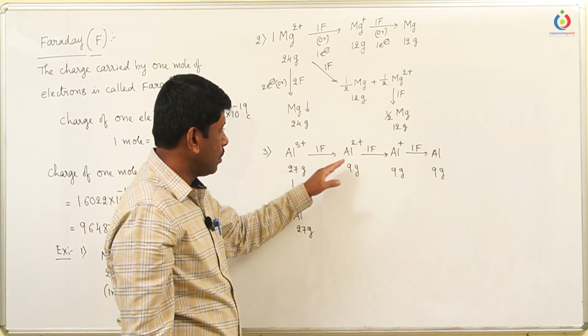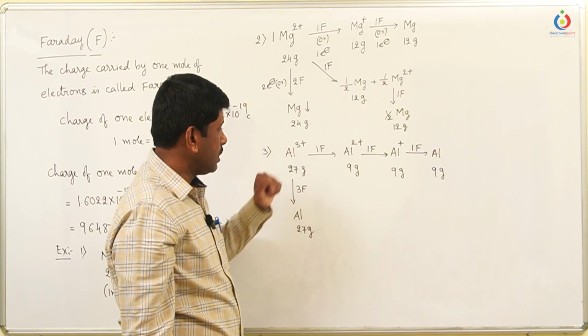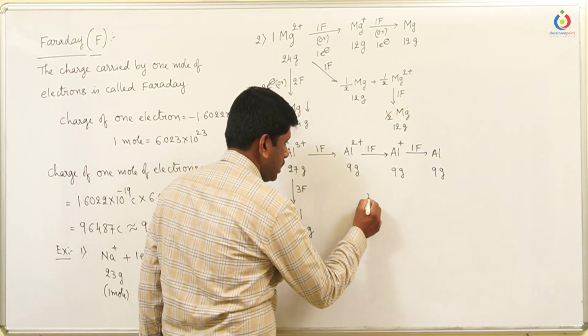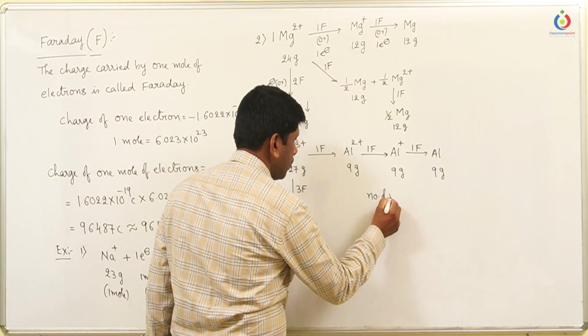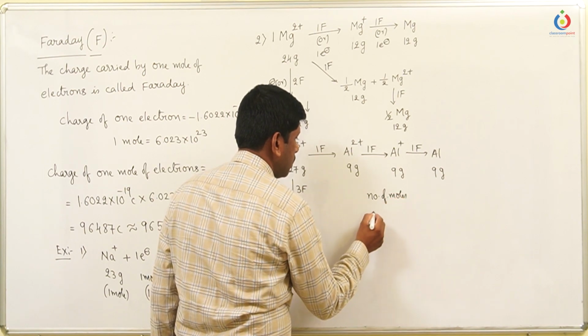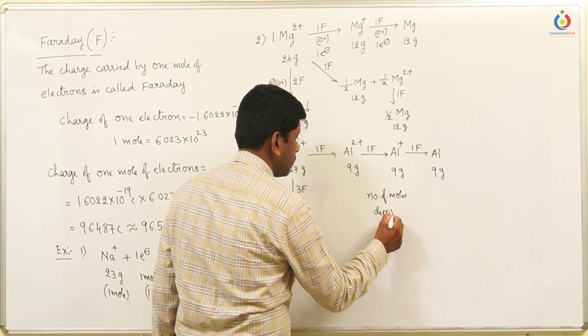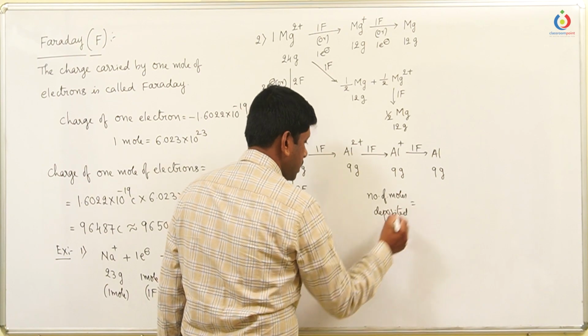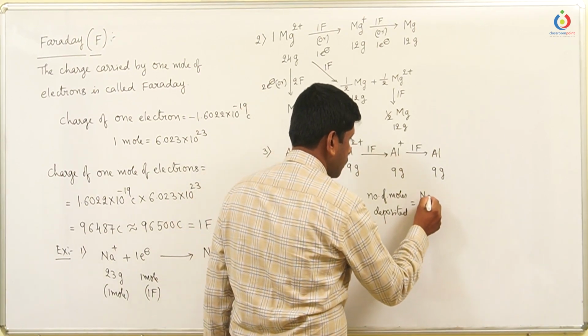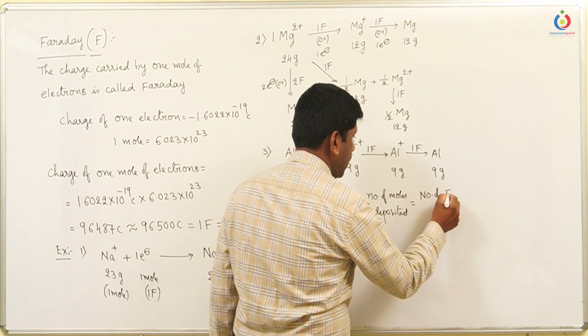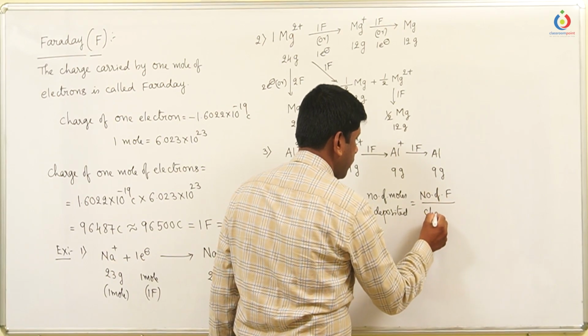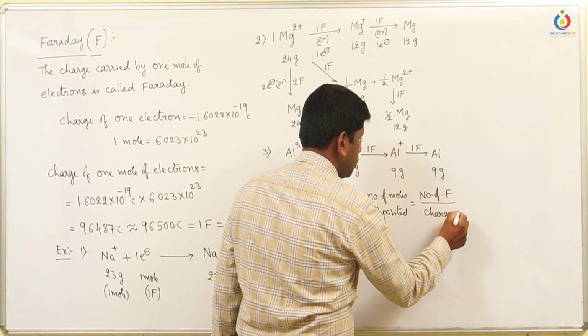Here also, out of these charges, the number of moles deposited is equal to the number of Faradays we are sending divided by the charge on the ion.